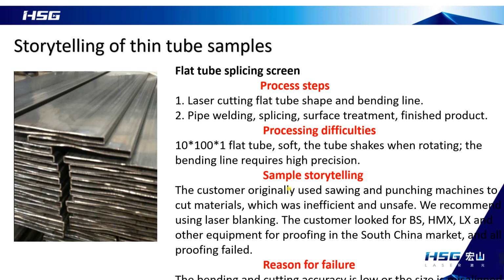Perhaps the customer was worried about an accidental chance, so the customer brought back the same batch of pipe material for the second proofing. The final effect can meet the customer's requirements, so the customer finally bought our TS65 equipment.